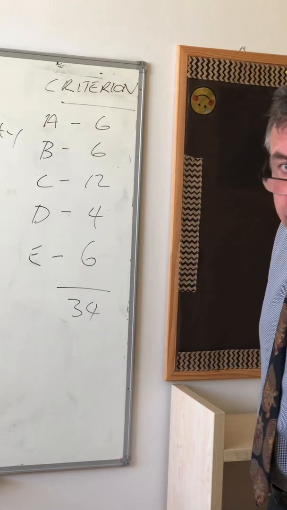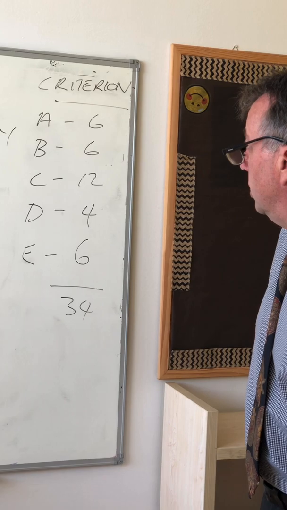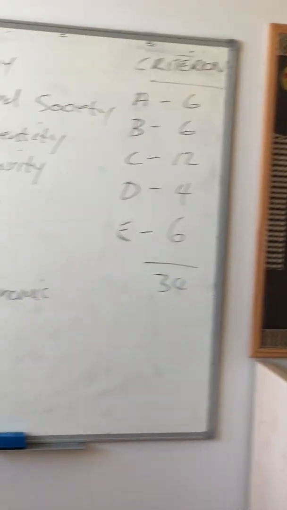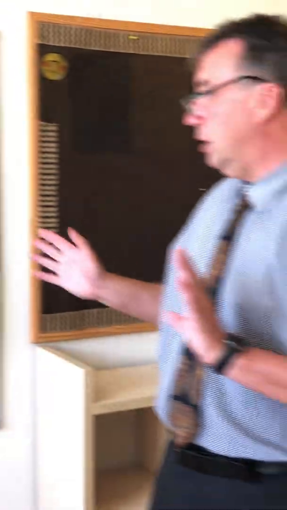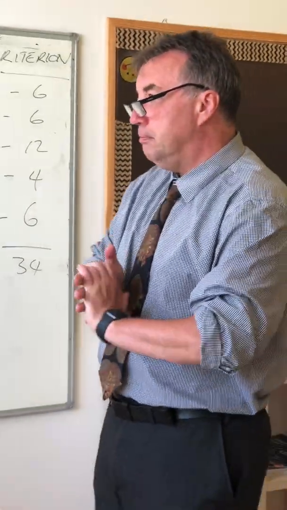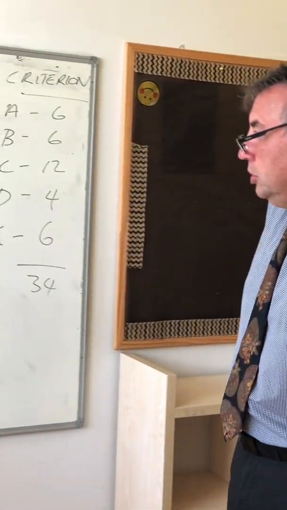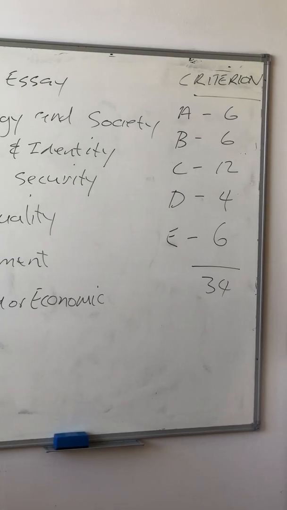Criteria A is your research question. Now you need to get into this as quickly as possible. In particular for World Studies, it's a multidiscipline approach. What that means is you have to take 2 subjects. I would recommend only taking 2 and not 3, not dipping into other subjects, because it waters down criteria C, which we'll get onto in a bit.